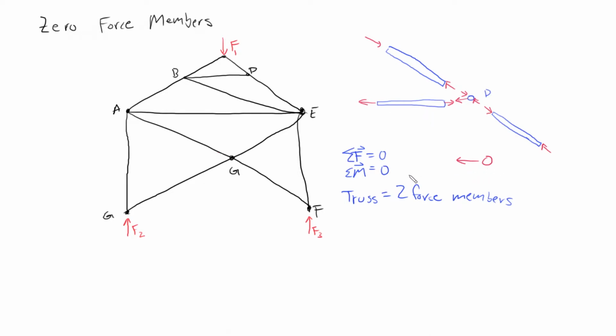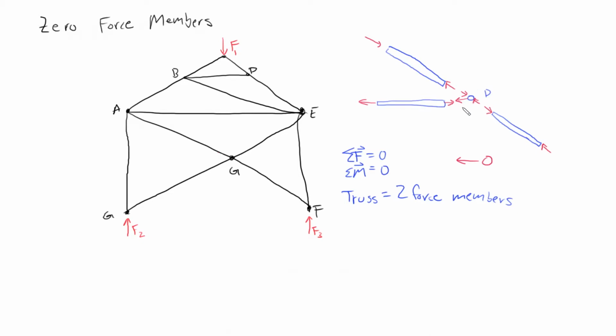And for this truss to be at equilibrium, the sum of the forces at these joints must equal 0. So if there's a reaction force due to this bar acting in this direction, there has to be some external or applied force to keep that bar in equilibrium, so that the forces on this bar add up to 0.